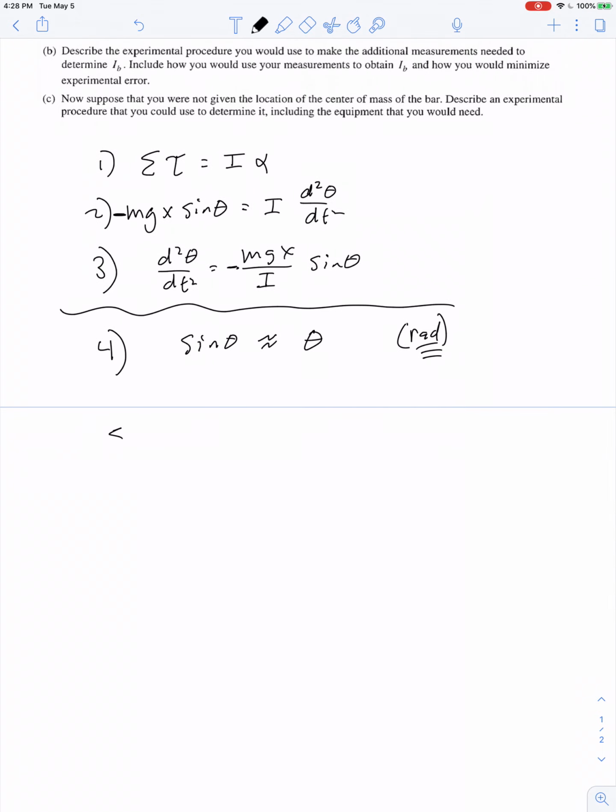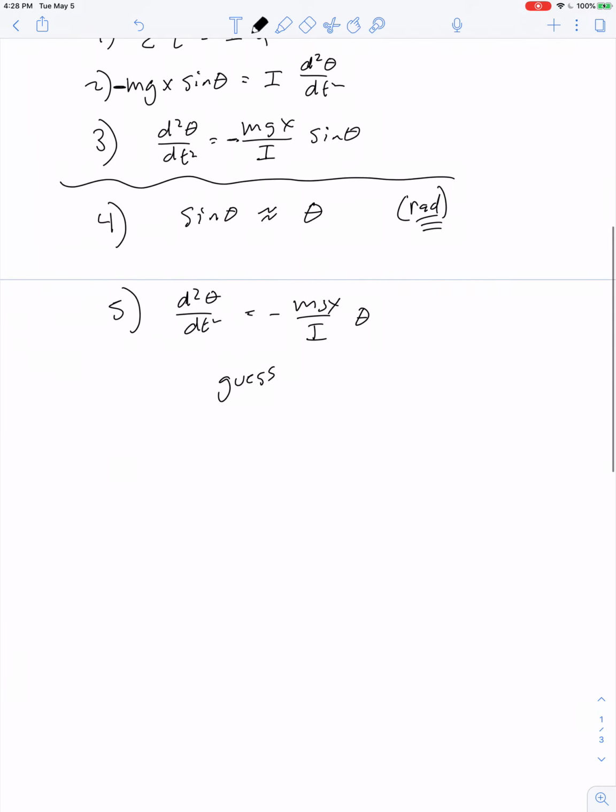So the second derivative of theta with respect to time is negative mgx over I times theta itself, which means we're at a point in our derivation where we have to make a guess. The best guess you can make comes from practice and intuition. You've seen time and time again that when you take the second derivative of a sinusoidal function, you get back the same sinusoidal function with a negative constant spit out.